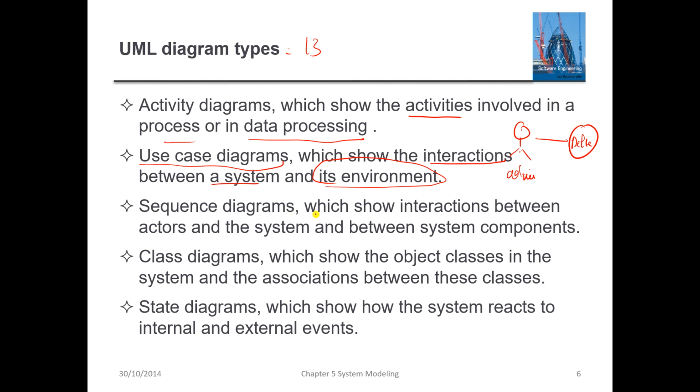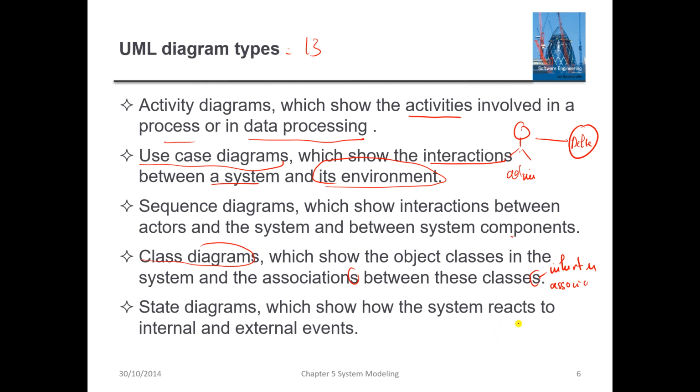Sequence diagrams show the interactions between actors and the system and between system components. Class diagrams show the object classes in the system and the associations between the classes. It means inheritance or association.